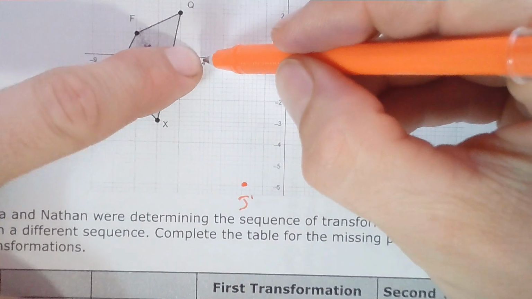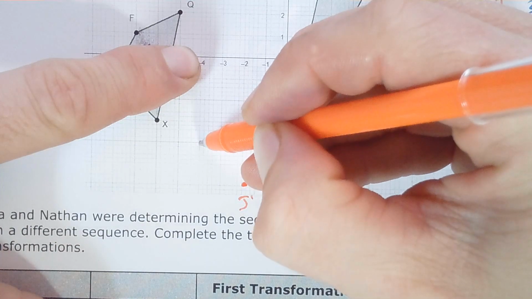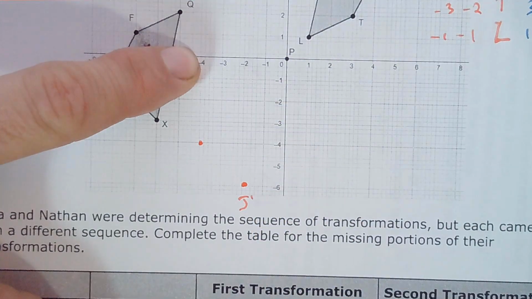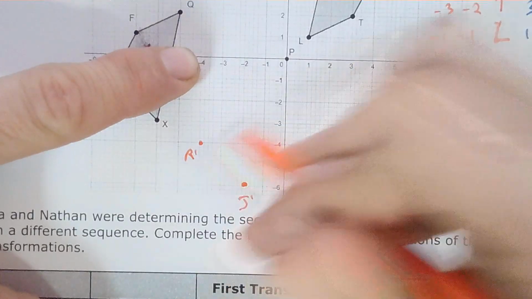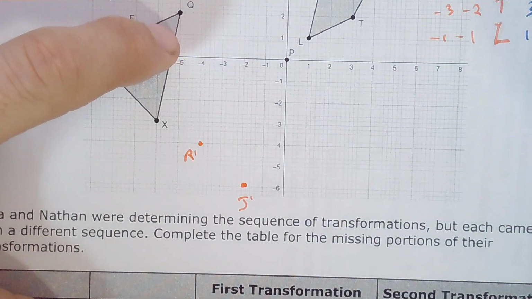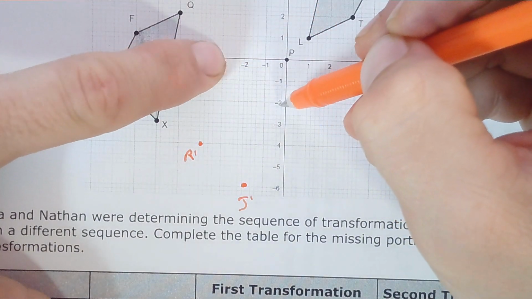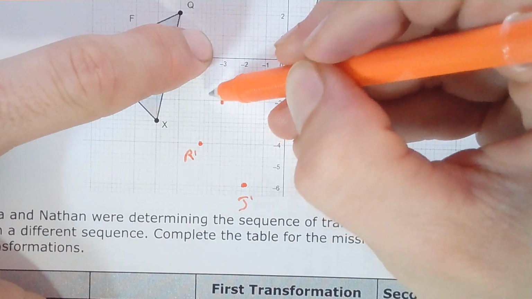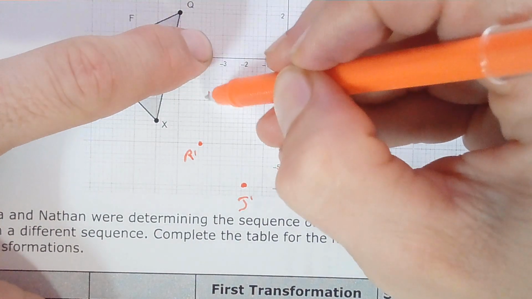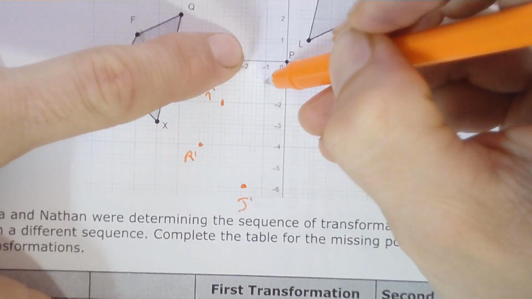Negative 4, negative 4. It's like right here-ish. Okay, that's R prime. Negative 3, negative 2. It's like right here-ish. That's T prime. And then negative 1 is like right here-ish.